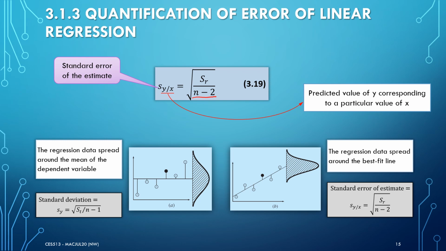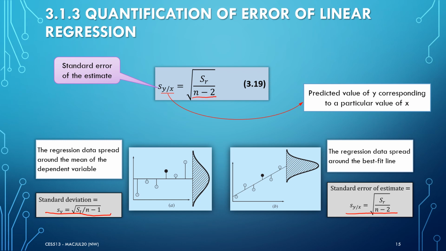The original standard deviation Sy here quantified the spread around the mean as shown in figure A, while the standard error of estimate quantifies the spread of the data around the regression line as shown in figure B.